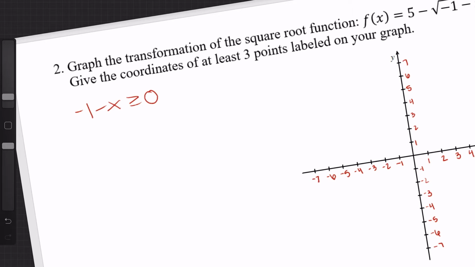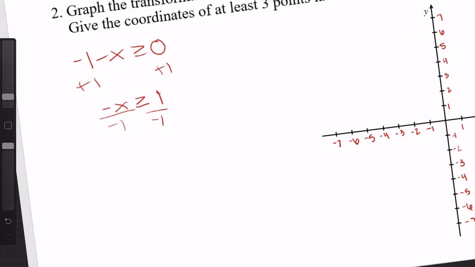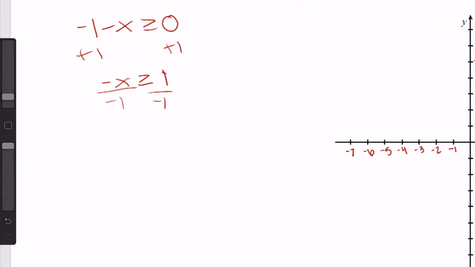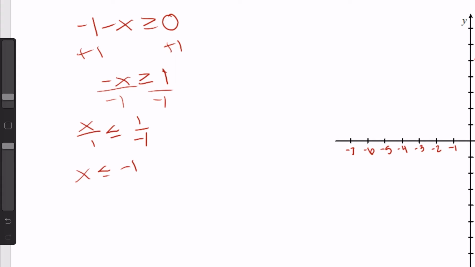You'll add 1 to each side, then we're going to divide each side by -1, and that just gives us x ≤ -1.